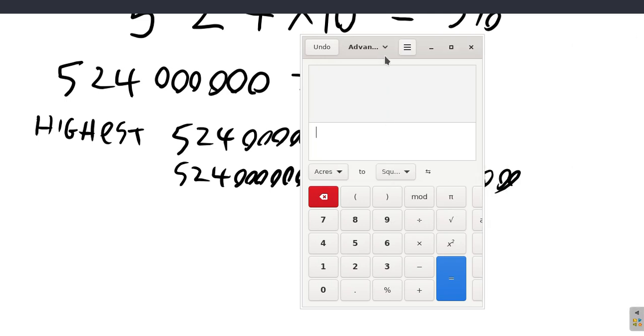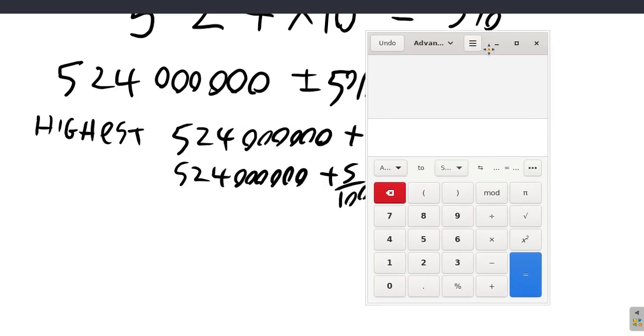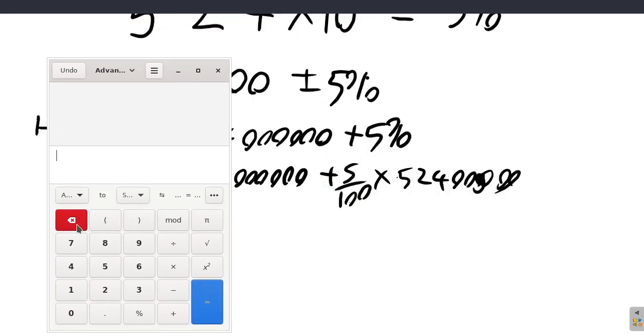Alright, so we have our calculator here. So 5 divided by 100 is 0.05 times 524 million equals. Alright. So we have 26.2 million plus 524, 1, 2, 3, 4, 5, 6 zeros.